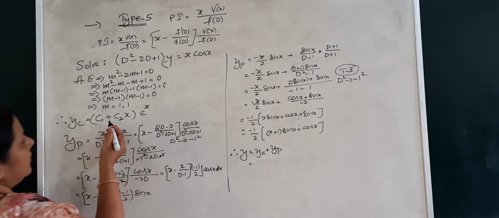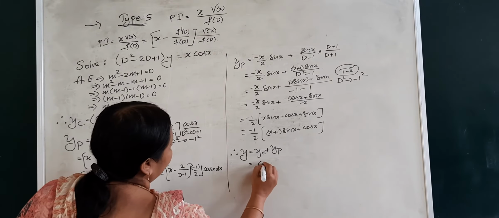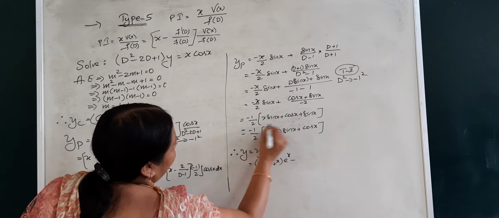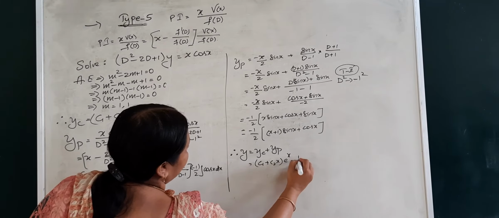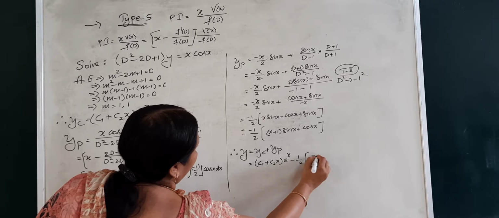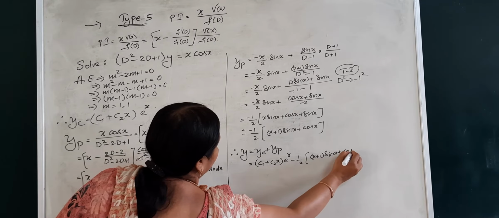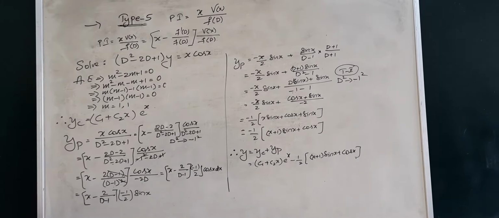And my yc is (c1 plus c2 x) into e to the power x, and my yp is this, minus 1 by 2 times (x plus 1) times (sin x plus cos x). So this is the final solution of this particular problem. Hope everyone understood this. Shall we do one more problem?